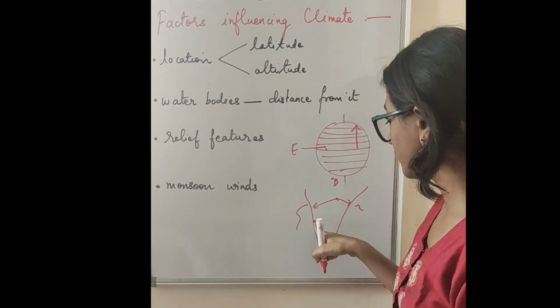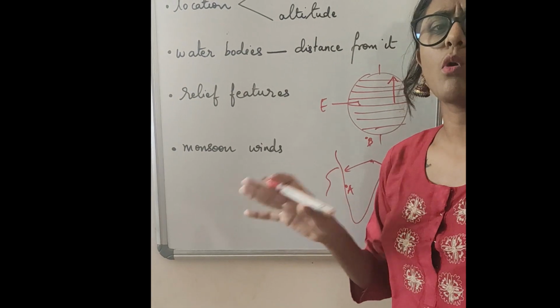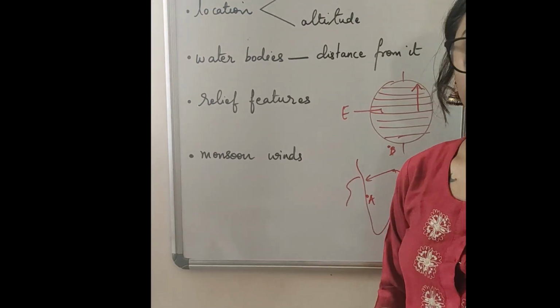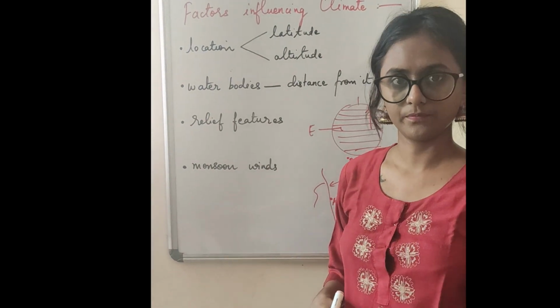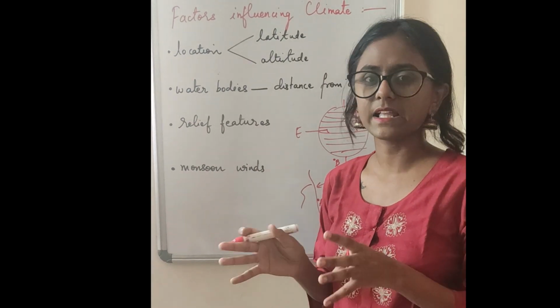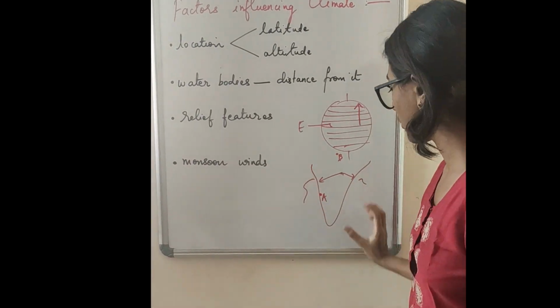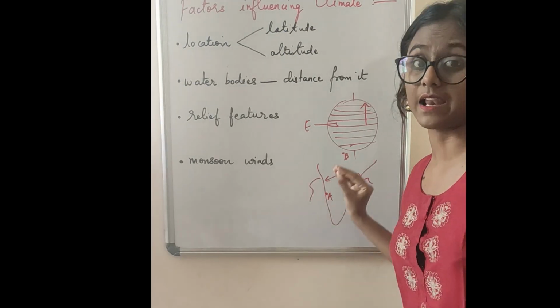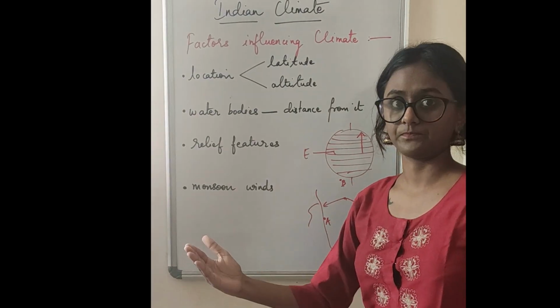If we're very close to the water body, then we have a moderate climate. What does that mean? Moderate, as in not too hot, not too cold. It's somewhere in between. It's never too hot or too cold, because the sea moderates the climate. It never lets the climate be extreme.